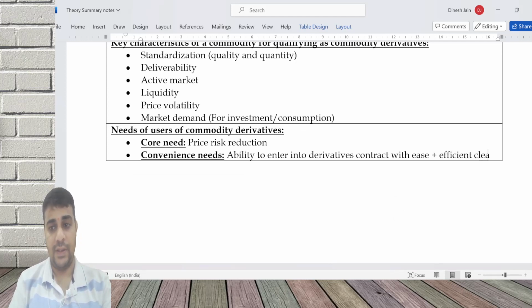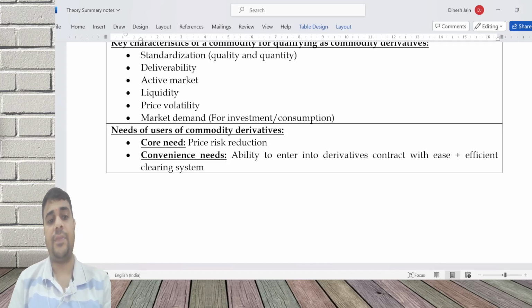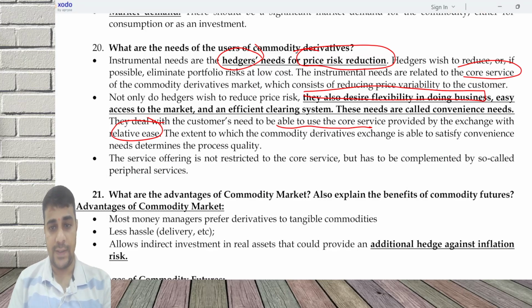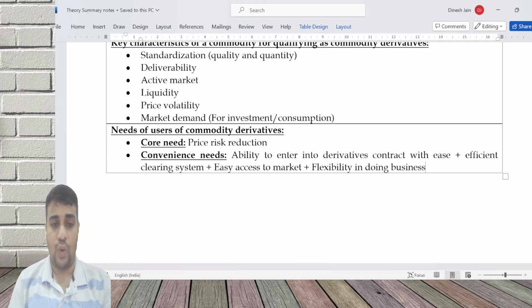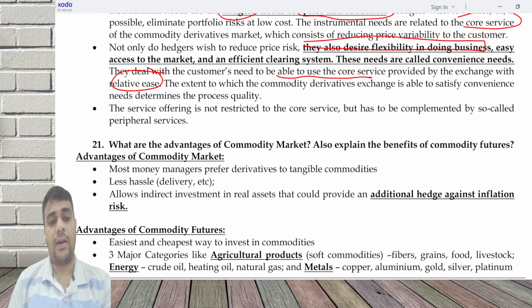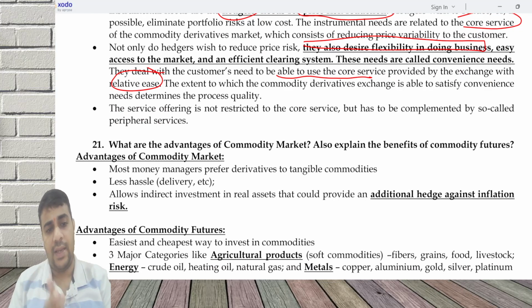Efficient clearing system, easy access to market, flexibility in doing business. All these are convenience needs. So first meet the core need, and then do the convenience need part. Convenience is very, very critical.